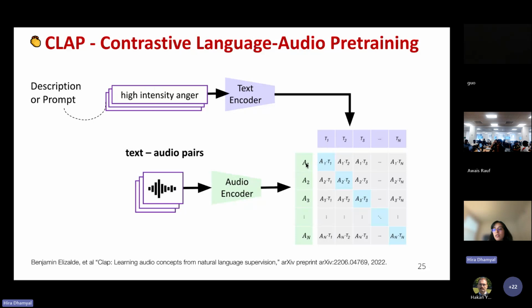So in the latent space, the A1 representation should be closest to the T1 representation, and the A2 representation should be closest to the T2 representation. I think here we use cosine similarity. What we are saying is that these vectors should be closest to each other, like A1 should be closer to T1 than it is to T2. That's our objective: to maximize this cosine similarity.